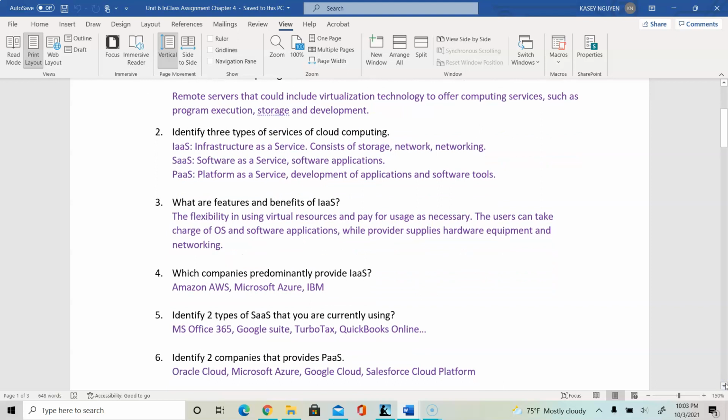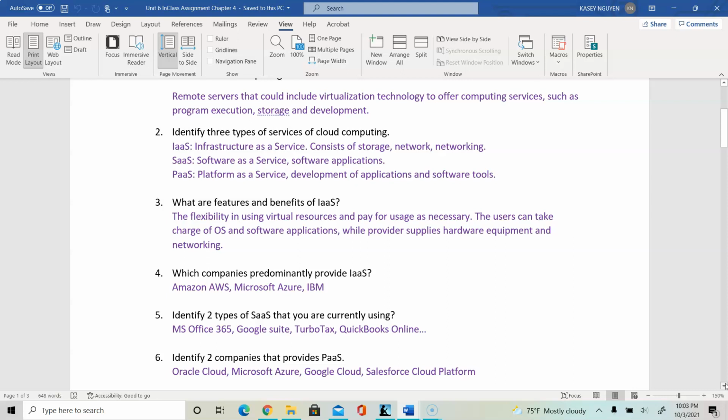Number 4 asks which companies predominantly provide IaaS, and that's AWS, Amazon Web Services, Microsoft Azure, and IBM. And question 5 asks you to identify 2 types of software as a service that you are currently using. I'm only listing some of the things that are commonly used, but you're welcome to add more.